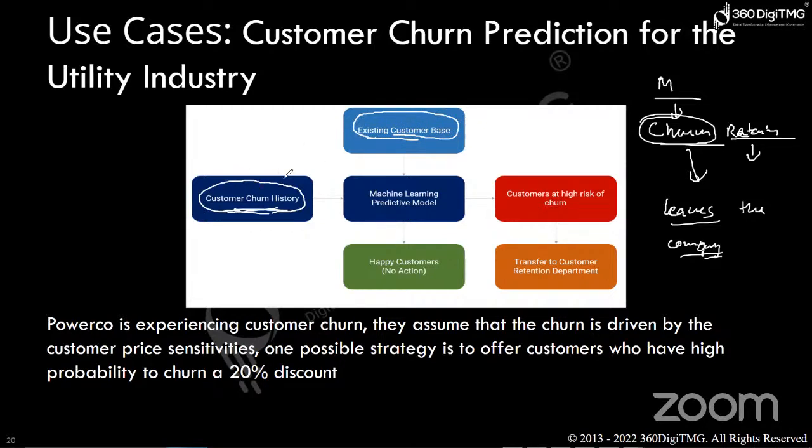We'll be using a machine learning model to predict who are the high risk customers who might churn. If we detect these high risk customers, we'll transfer them to the customer retention department, and they will try and make offers for these people. Now, if there are happy customers, no further action is needed.